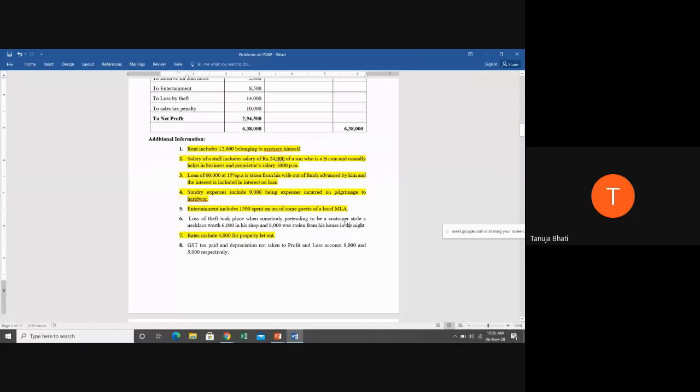So out of this 14,000, 6,000 was a robbery in his shop, and 8,000 was a robbery at his home.